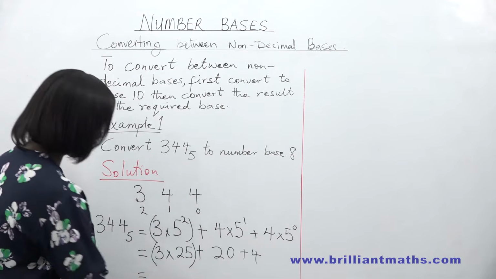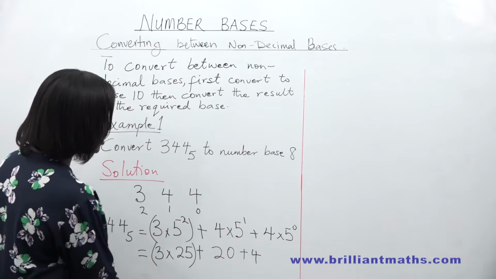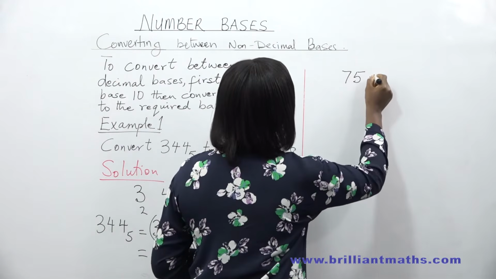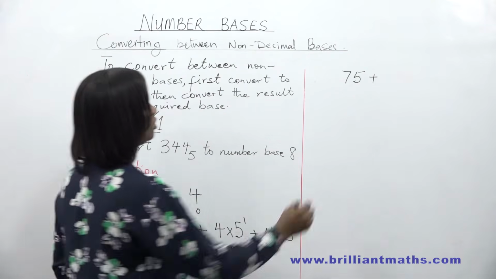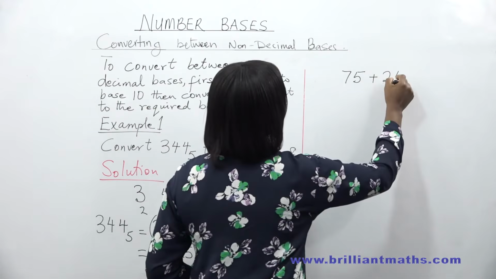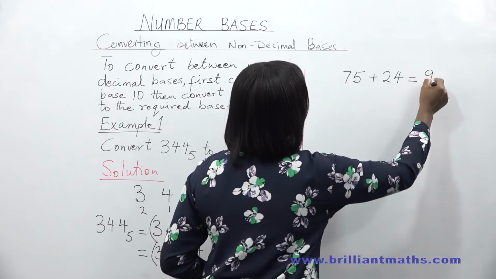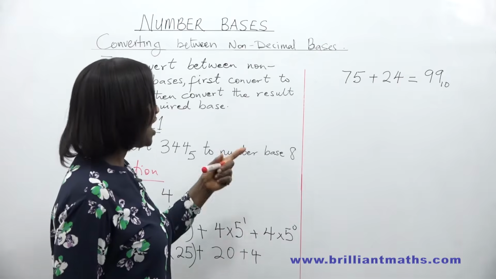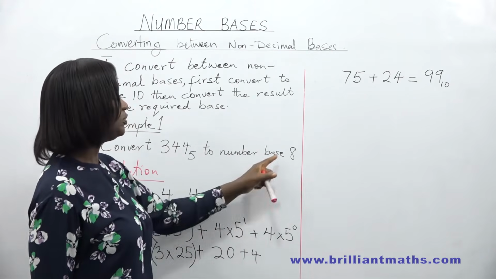So this gives us 25 times 3 is 75. Plus 20 plus 4. So I can practically say 75 plus 24. And that will be equal to 99 base 10.